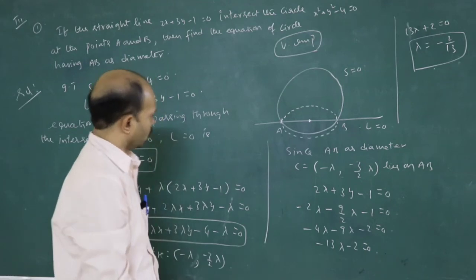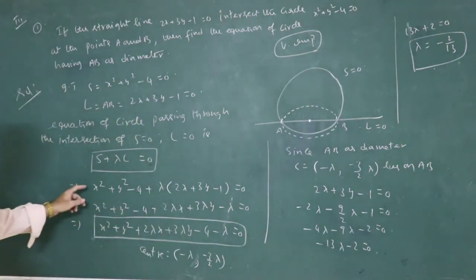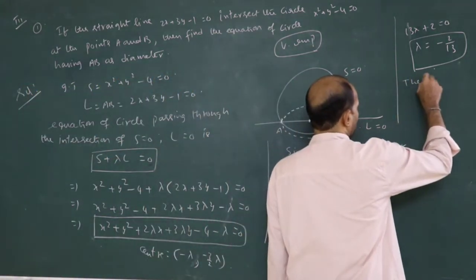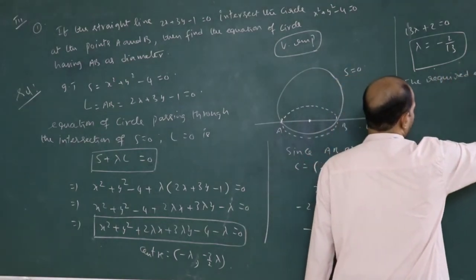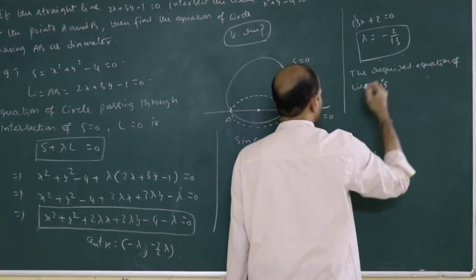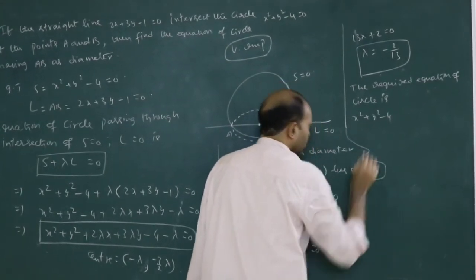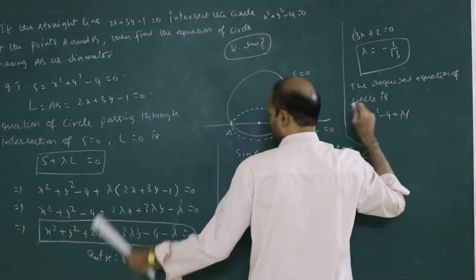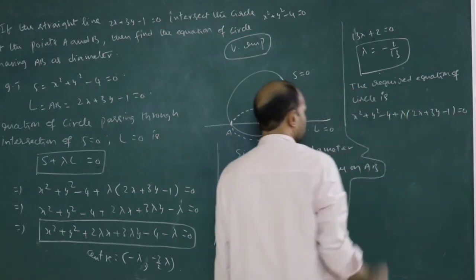Apply the value of lambda in this equation, either here or here, you get the required answer. Better to apply here comfortably. Therefore, the required equation of circle is x square plus y square minus 4 plus lambda into (2x plus 3y minus 1) is equal to 0. What is lambda?